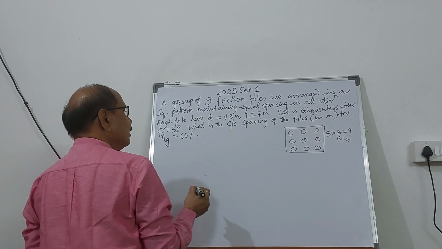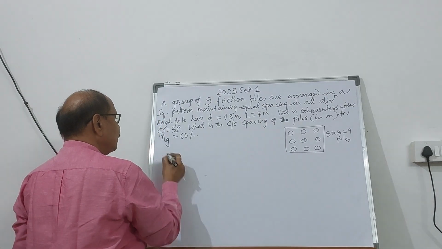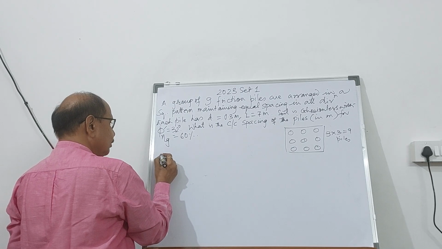So what is the center to center spacing of the piles in meter for eta G equal to 60%?